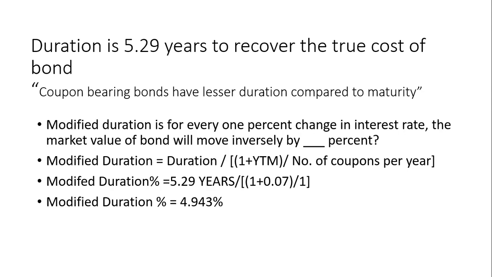So modified duration: first the Macaulay duration, 5.29 years, divided by 1 plus 0.07 divided by 1. Annual coupons per year, 1 coupon, 1 year. Modified duration is 4.943%, which means the bond is sensitive to 1% interest rate and bond moves inversely with respect to interest rate of 1%.